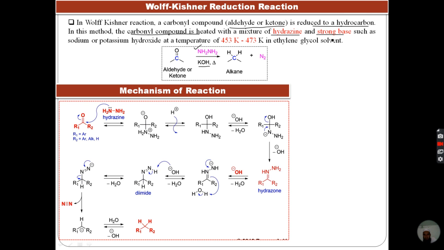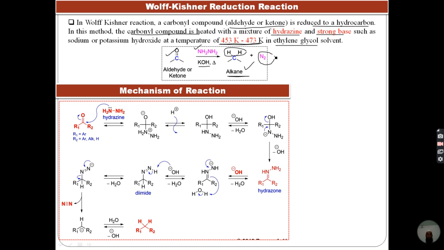So what is the result? When we heat this at a temperature of around 450 Kelvin, so this is a very high temperature, in a solvent like ethylene glycol, you can see the aldehyde or ketone gets converted to CH2. That is, the new compound formed is an alkane, a hydrocarbon. But with this there is a release of nitrogen gas.